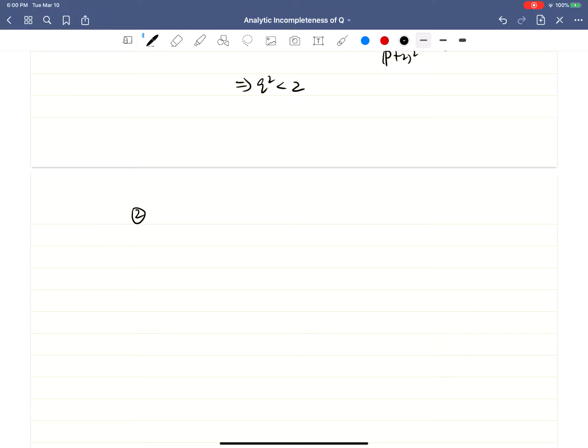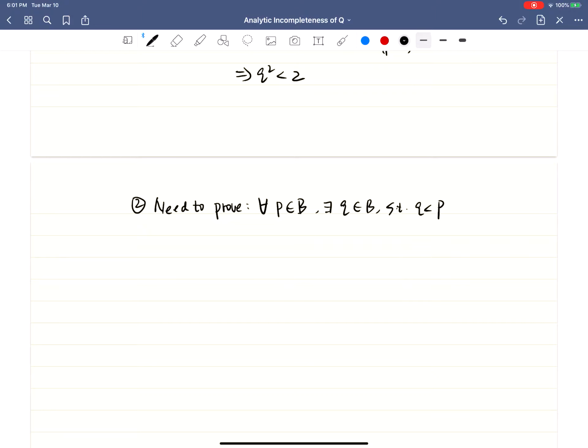It means that for each number in the set B, there's always a smaller number, which is also in the set B. So we need to prove that for any P in B, there exists a Q in B such that Q is less than P. Surprisingly, the Q we got from the first part of the claim actually works for the second part also.